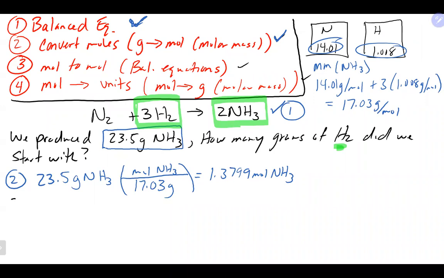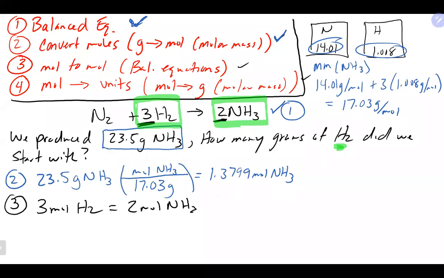So step number 3, from the equation, we see that for every 3 moles of H2 I put in, which is this number right there, I get out 2 moles of NH3, which is this number right here. Again, that's where we're getting those numbers from.